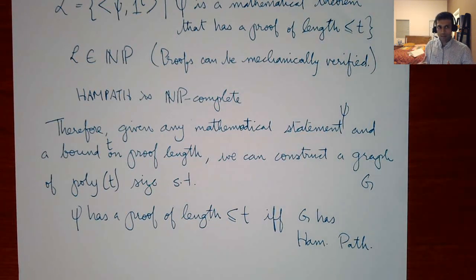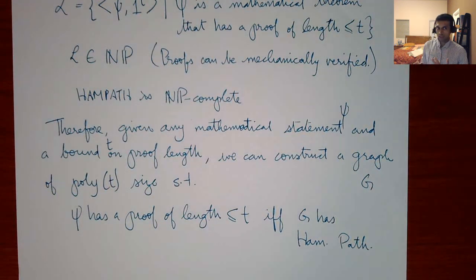Given this bound of 100,000 in unary, of course, and the mathematical statement, we can actually construct a graph. And the procedure is essentially described in whatever we've done so far. The graph is going to have a Hamiltonian path if and only if there is a proof of that length.